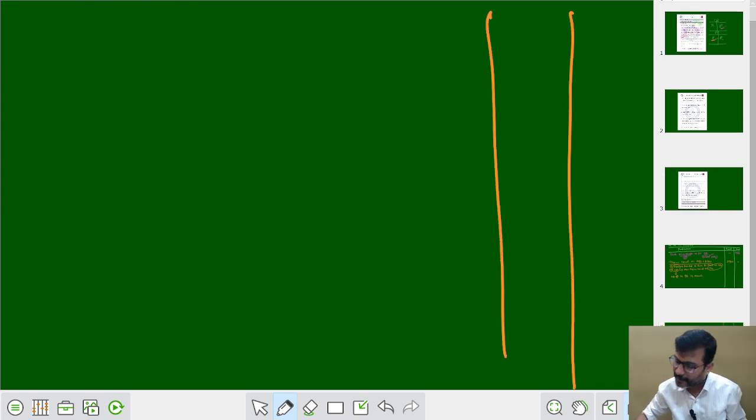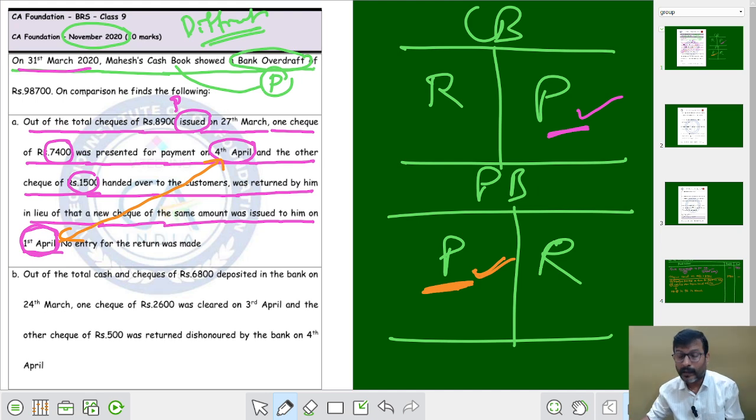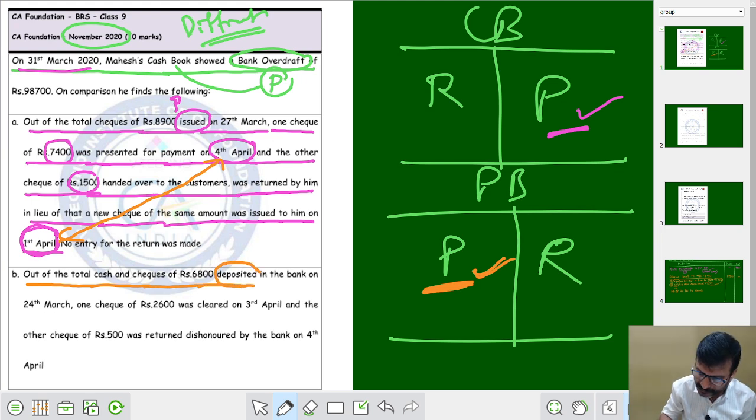Before that, let me get ready with the format. See here what happened. A very big problem. A lot of confusions are there. See here. Out of total cash and checks, 6,800 deposited. क्या किए आपने? Deposit किए. Deposit मतलब receipt. In the bank on 24th March.